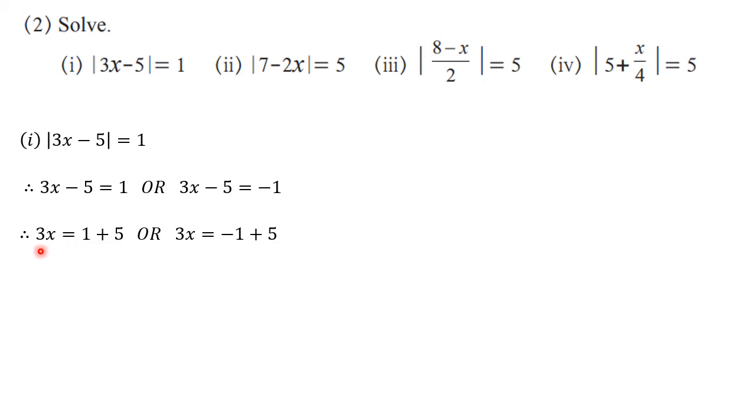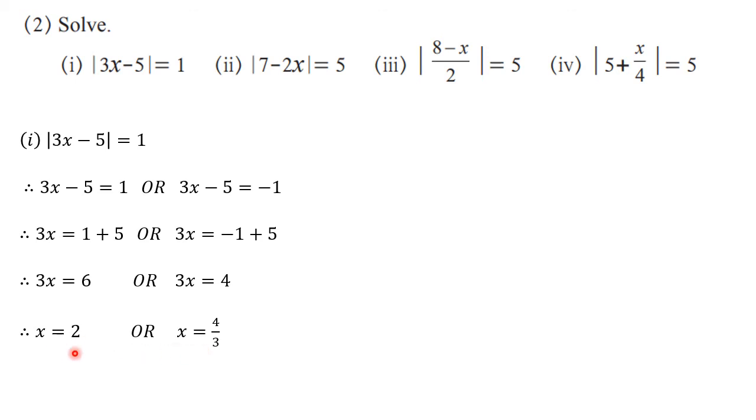From this we get 3x is equal to 6 or 3x is equal to 4. See, 1 plus 5 is 6 and minus 1 plus 5 is plus 4. Now we can get the answer. x is 6 divided by 3, that is 2, and here the value of x is 4 divided by 3, that is 4 upon 3. So in this way we are getting the two values here.